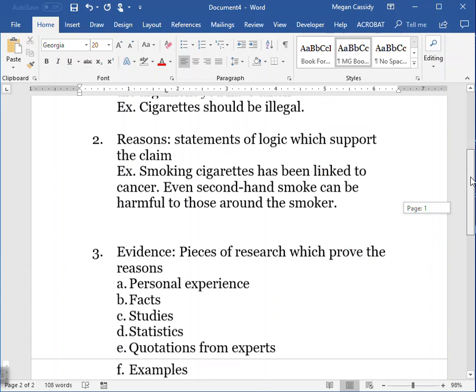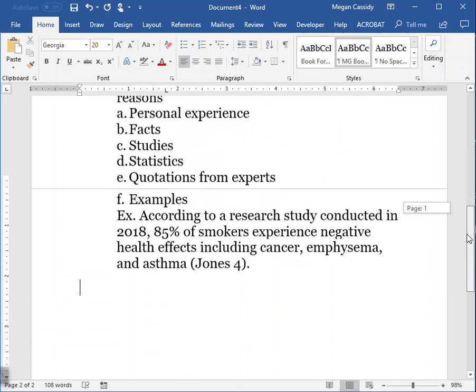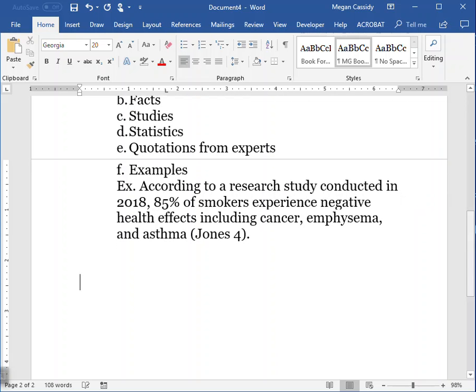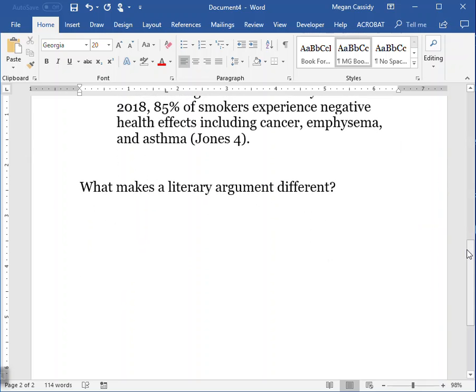And again, if you took regular college composition, you probably talked about this quite a bit. There's a little bit of a difference, though, when it comes to talking about literature. So, our question here is sort of what makes a literary argument different? In a literary argument, you're still going to have a claim.